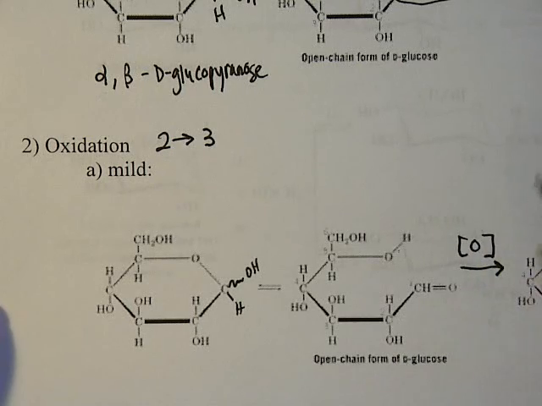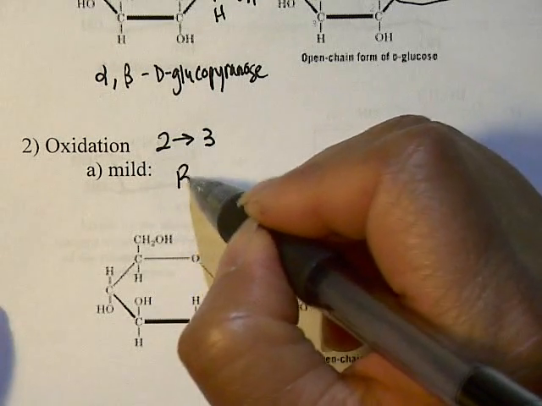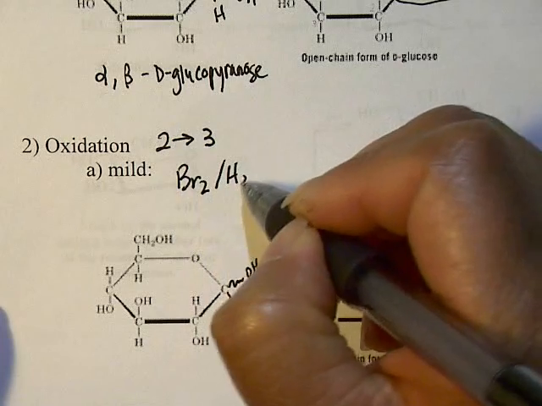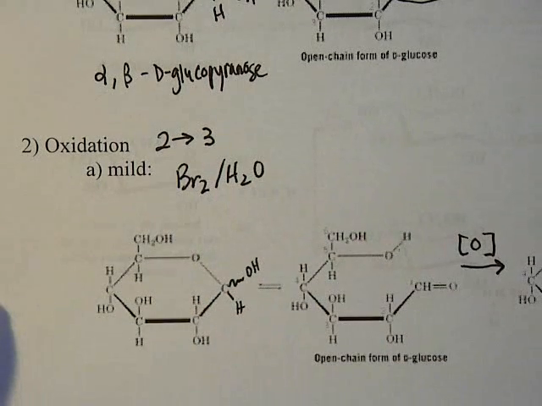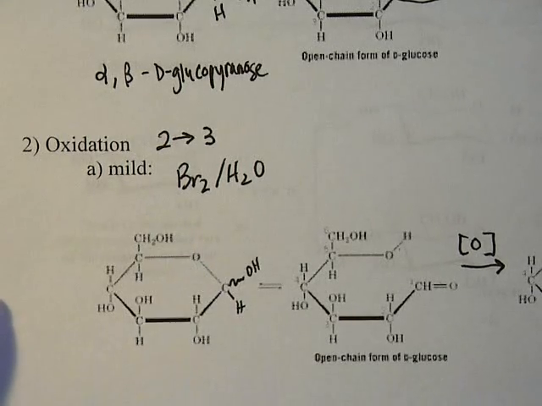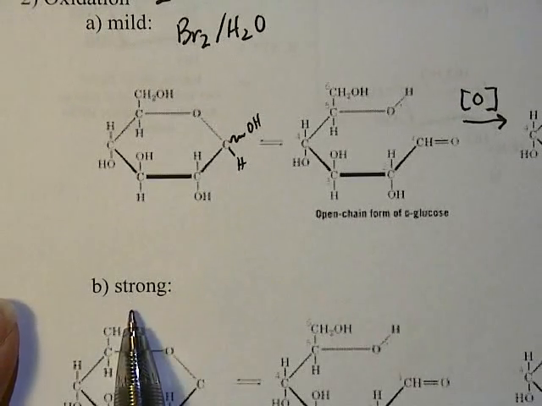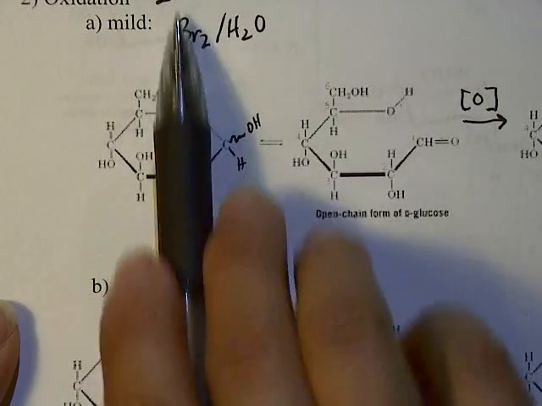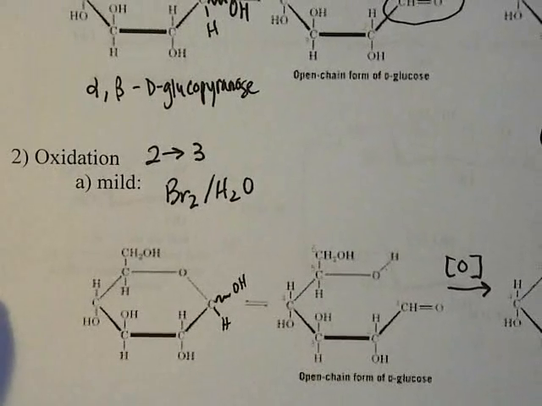So your book uses Br2, bromine in water, as an oxidizing agent. So I'm going to go over the mild oxidizing agent first, and then a strong oxidizing agent, and I'll go over what the difference is.